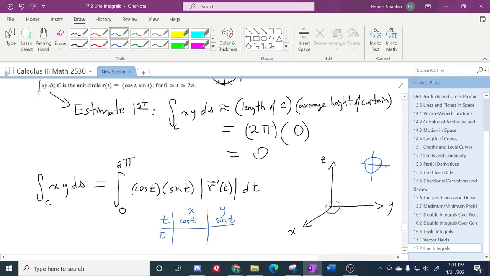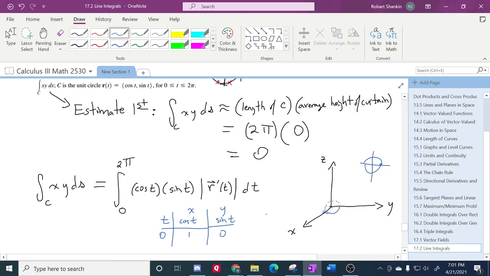It's the x-coordinate of this point, which is 1. The sine is the y-coordinate of that point, which is 0. So when t equals 0, we are equivalently on this point, where x is 1 and y is 0, which is the same as this point over here.